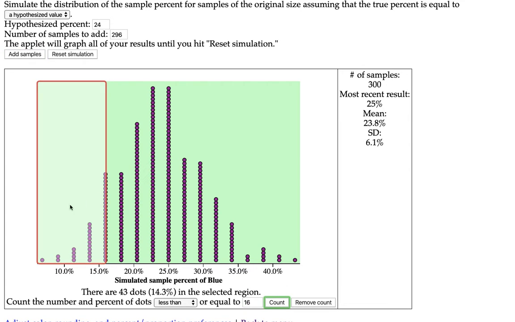This region right here contains all of the sample proportions that are at 16% or worse, like really, really low. We see that there are 14.3% in this region. In other words, according to the simulation, there's about a 14.3% chance that we see our result, which is 16%, or lower or worse.